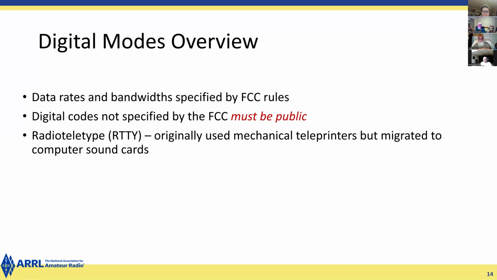In other words, if somebody describes the protocol and the modulation method somewhere in literature that's publicly available, then you can use that mode. And radio teletype, for instance, originally used mechanical teleprinters, like in the picture I showed several slides back, but now it's all done in software.